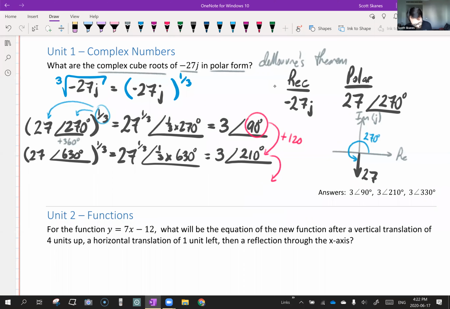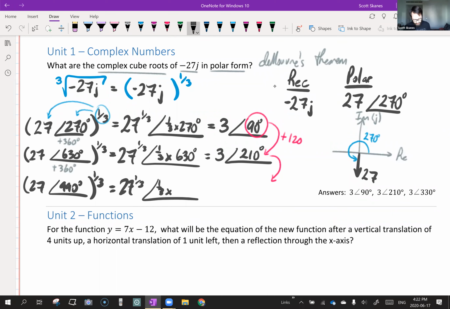So just something to keep in mind. I'll do it all out just so we have full notes. You can do it both ways, the short way or the long way. I'm sure most of you will want to do it the short way. Okay, 27. You don't need to show every single bit. I just want you to have the workings. And now we have 3. What's this? 330.